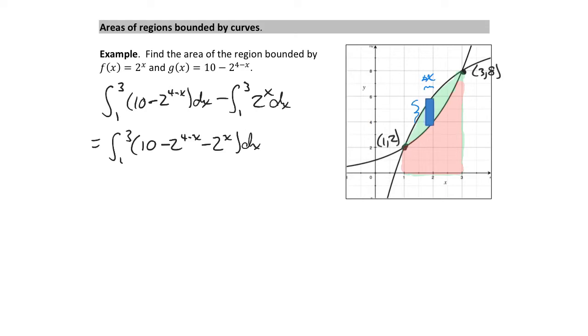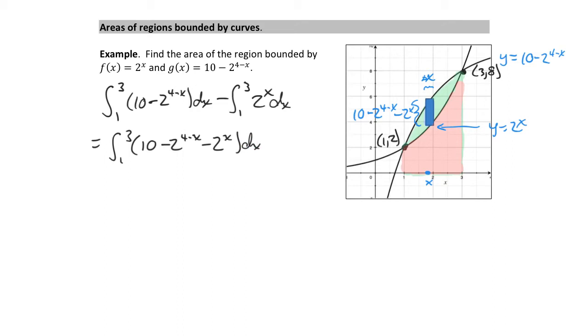Because the top function is y equals 10 minus 2 to the 4 minus x, and the bottom function is y equals 2 to the x, this rectangle would have height equal to 10 minus 2 to the 4 minus x minus 2 to the x for some particular x value down here. So this rectangle's area is given by the product of the height of the rectangle multiplied by the width.